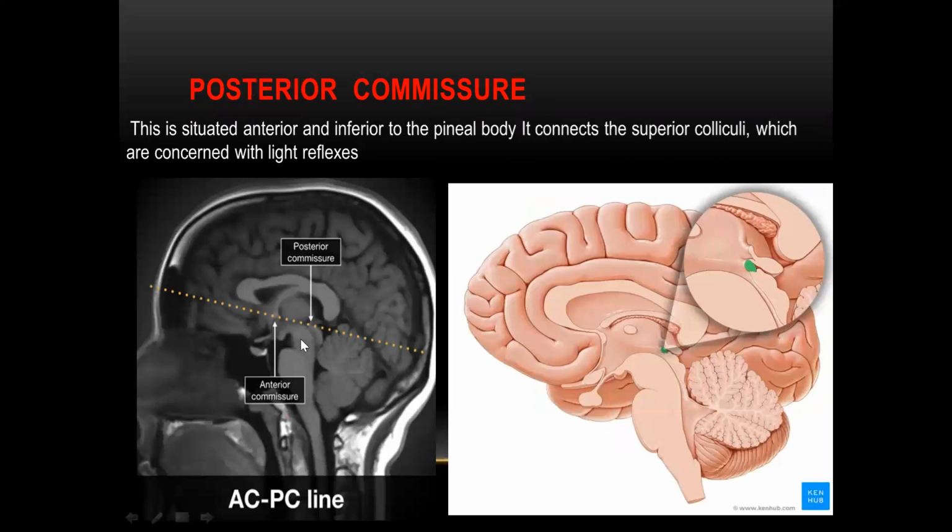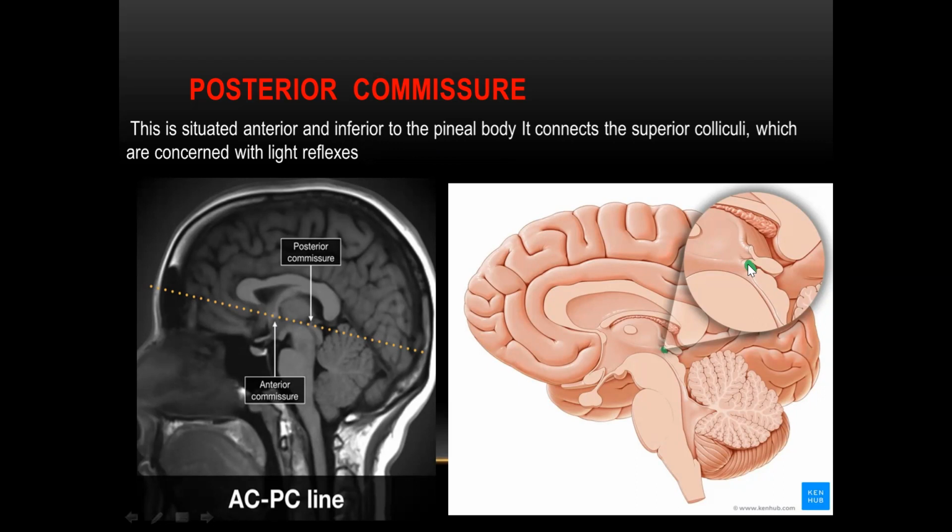The posterior commissure: this is the pineal body, here is the site of the habenular commissure, and here is the site of the posterior commissure. It is situated anterior and inferior to the pineal body, while the habenular commissure is anterior and superior.